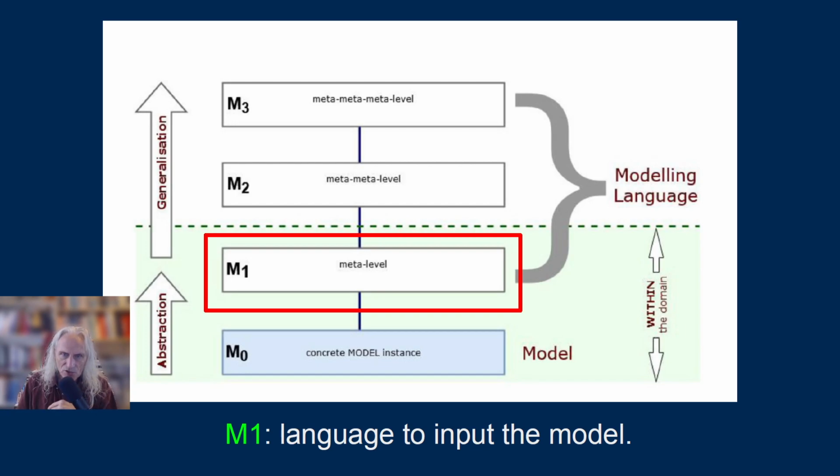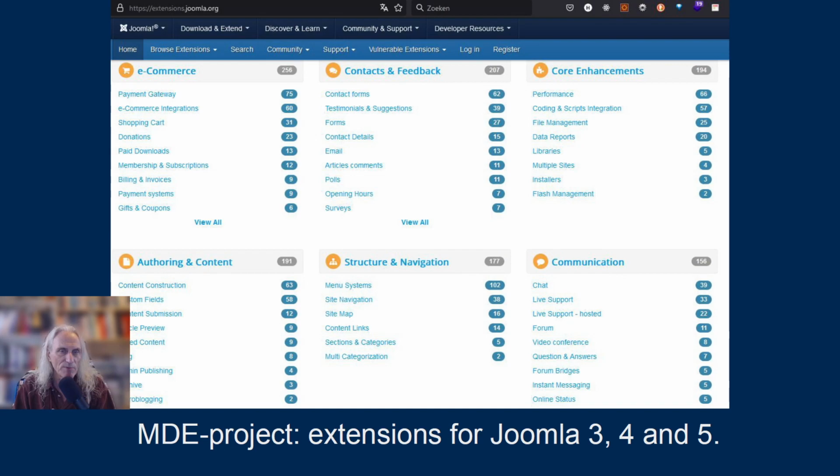And for that we have the Joomla extension directory. At the moment about 6,000 extensions are registered on that Joomla extension directory. So this is a nice ecosystem, but it has one problem. The problem is that Joomla is not very good in backwards compatibility. Some people had an extensive Joomla 3 application, and in order to make it compatible with Joomla 4 they had to rewrite it, and it took almost a year to rewrite it with the same functionality.